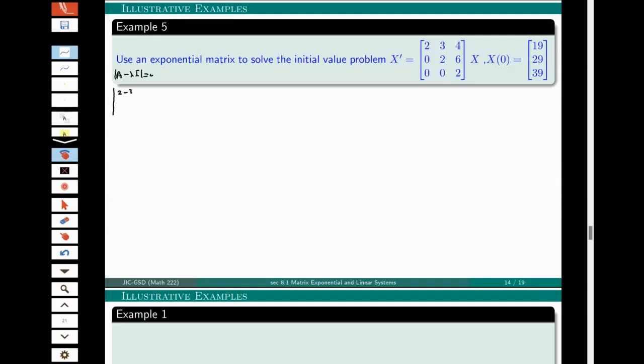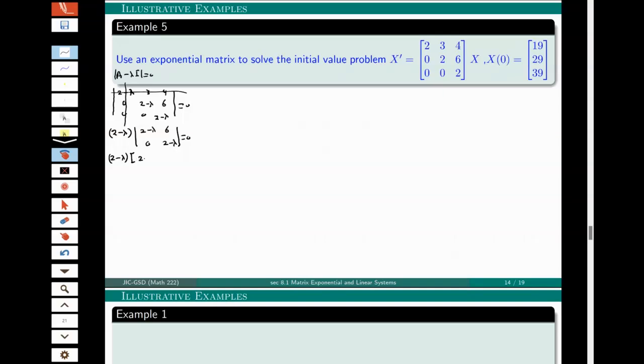It will be 2 minus lambda, 3, 4; 0, 2 minus lambda, 6; and 0, 0, 2 minus lambda. If we expand it over the first column, it will be 2 minus lambda times the minor, and the minor will be 2 minus lambda, 6; 0, 2 minus lambda.